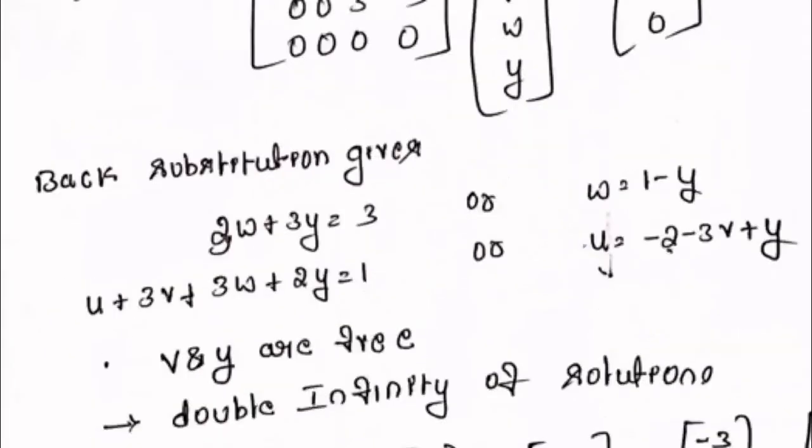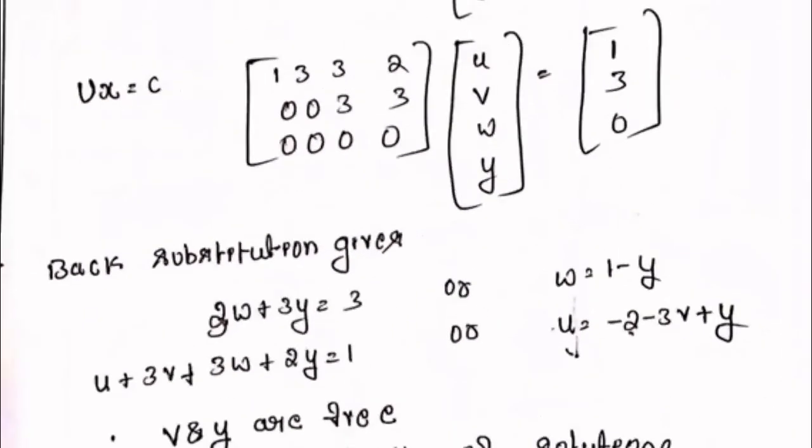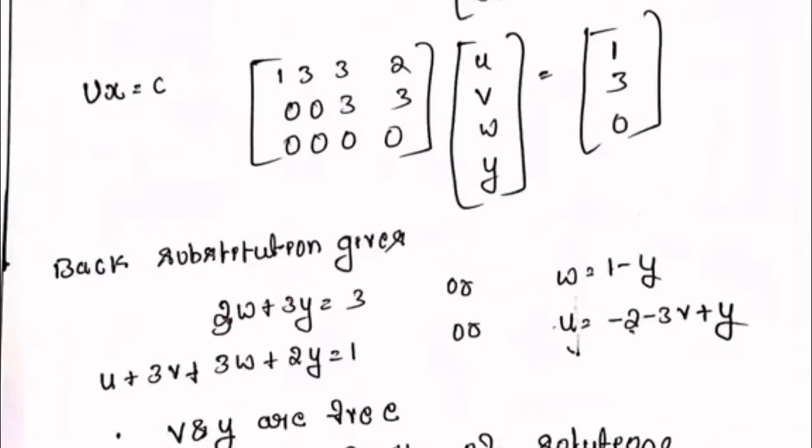Now observe this matrix carefully. Now you have to do the back substitution. Here I'm doing the matrix multiplication, multiplying the first row with this column of elements, but I'm coming from the bottom.